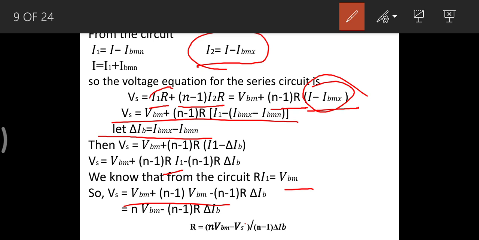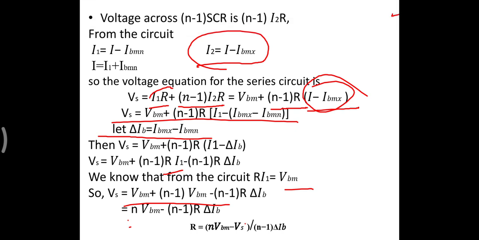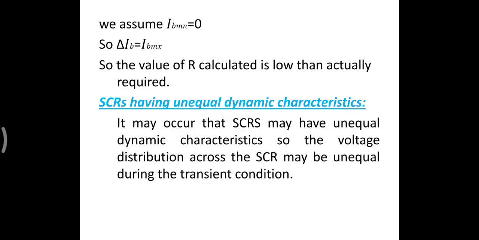If we simplify further, we get Vs is equal to n into VBM minus n minus 1 into R into delta IB. From this equation we can find R as n into VBM minus Vs divided by n minus 1 into delta IB. So this is the formula to find the resistor which we have to connect across the SCRs.